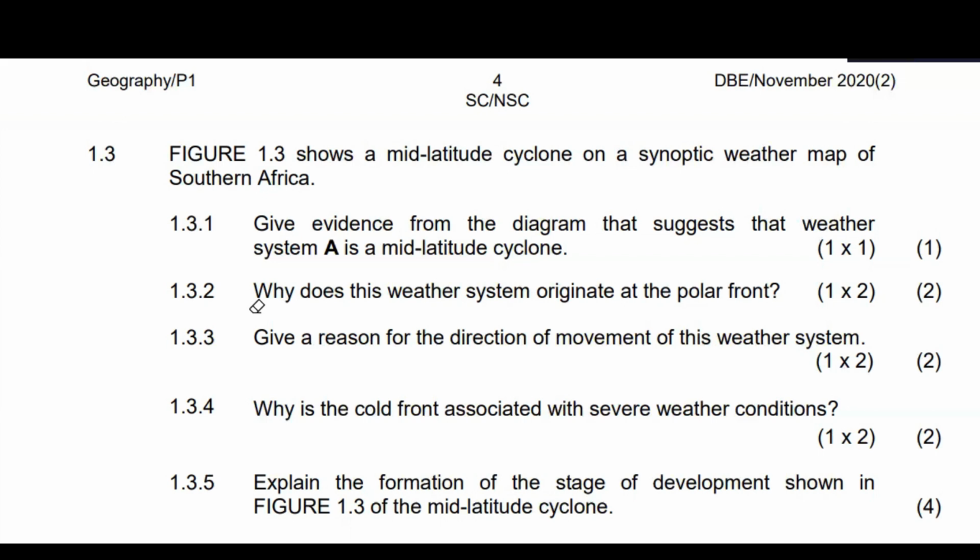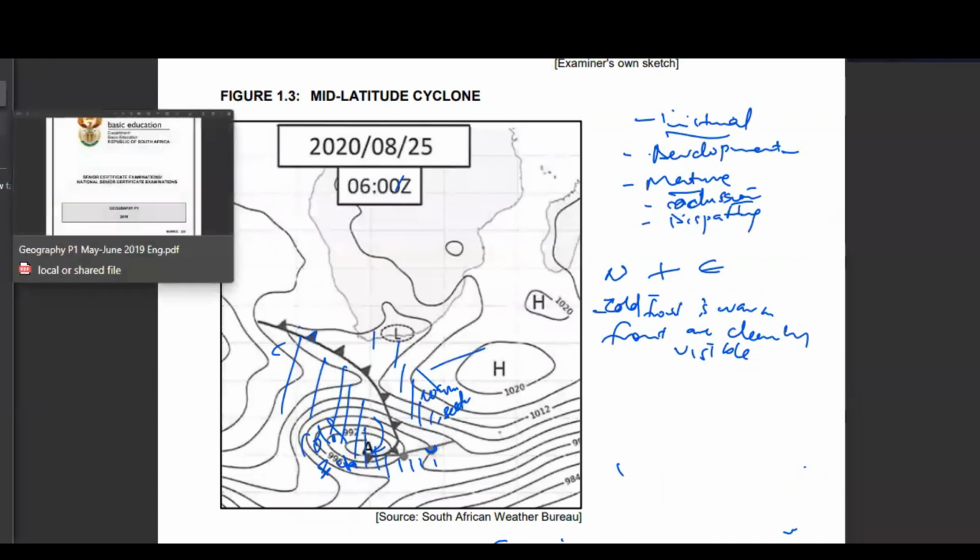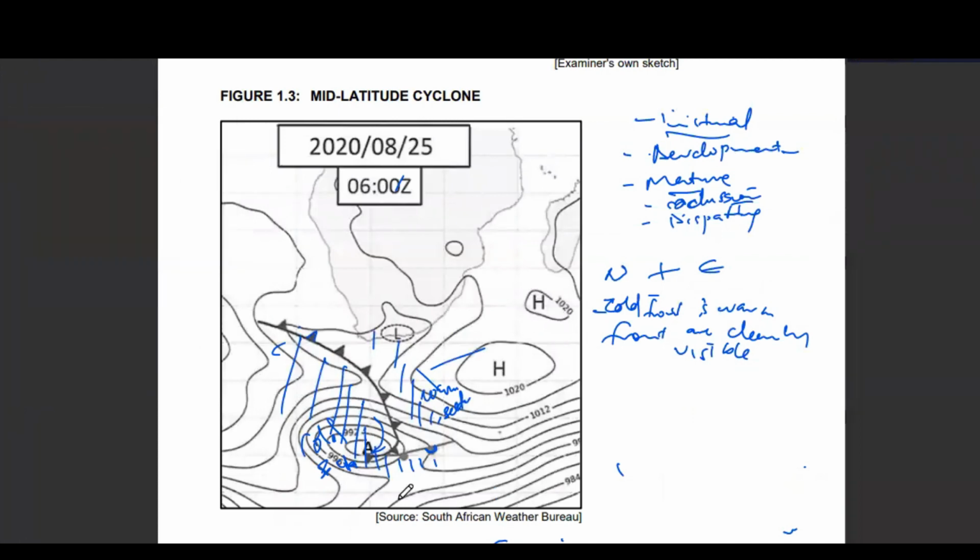They're asking, why do you think this system originates at the polar front? We go back to the diagram, maybe you can clearly get it. I hope you understand the question.